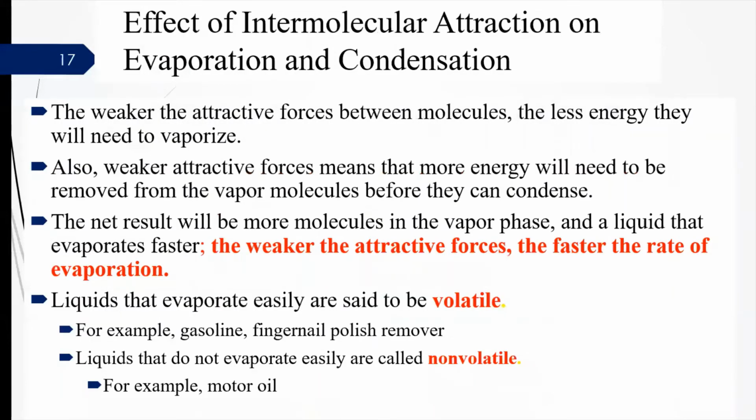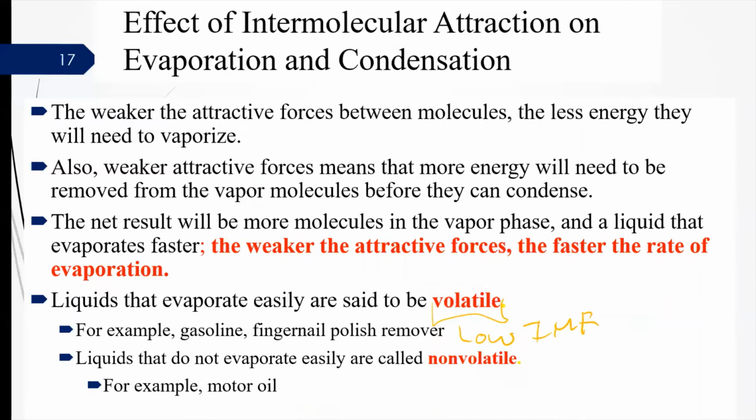So this is how we kind of come up with the term volatile or non-volatile. So things that are volatile turn into vapor very easily. And that could be something like fingernail polish remover, so like acetone, or gasoline. Both of those have low intermolecular forces, which is why you can smell them, right? When you open that container, it turns into a vapor.